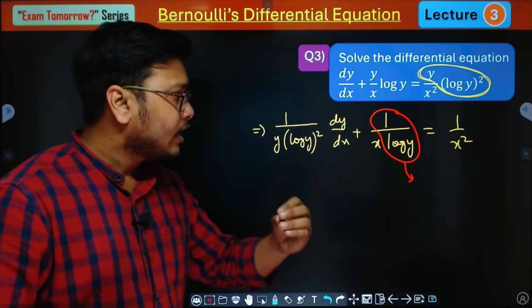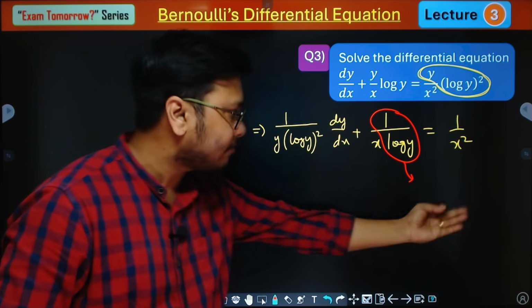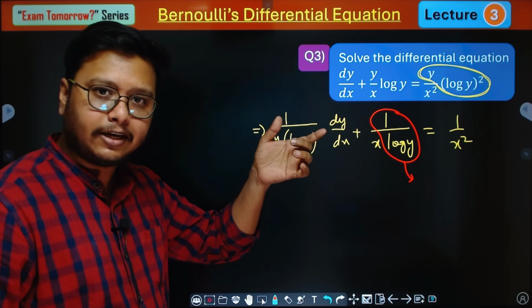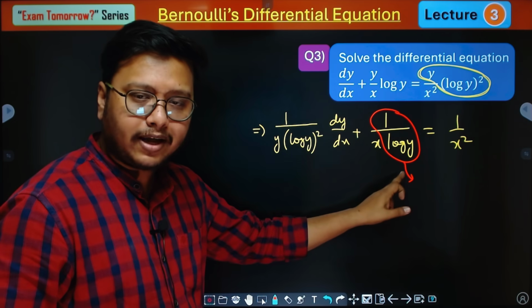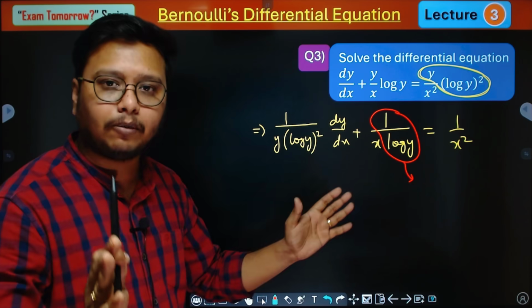Always remember, you're going to substitute something which upon derivative will create your first term. This is the back calculation you need to think of. If I do the derivative of 1 by log y with respect to x, I will end up creating the first term. That's our objective.